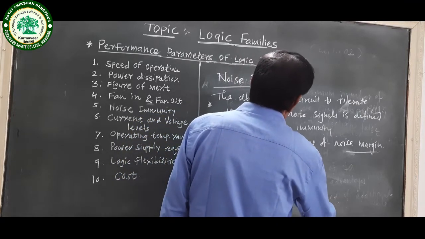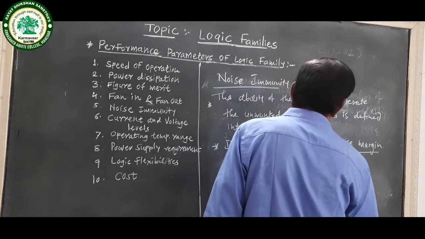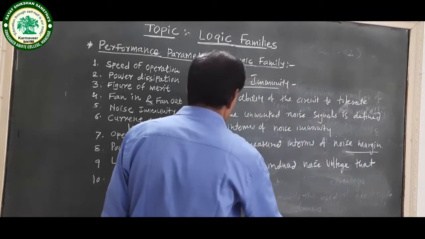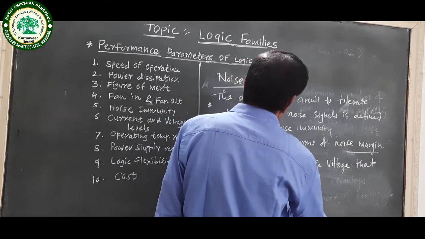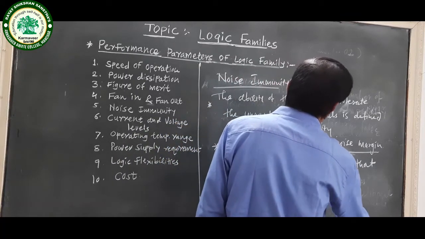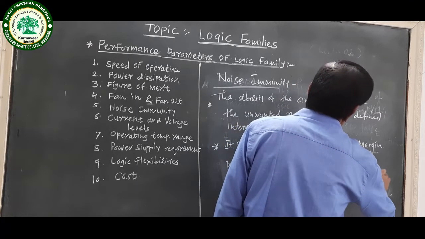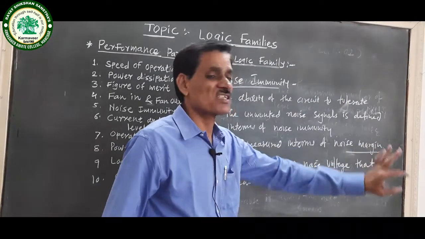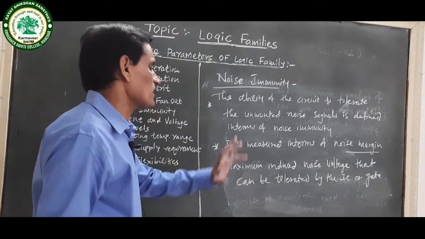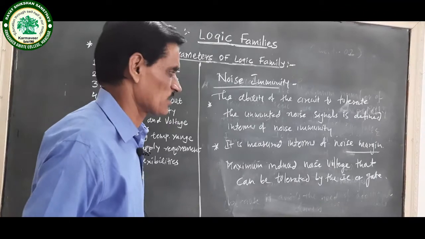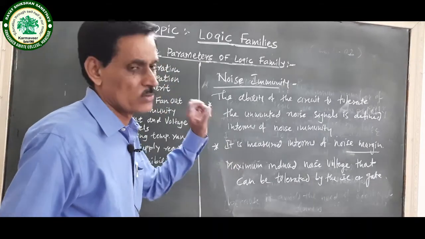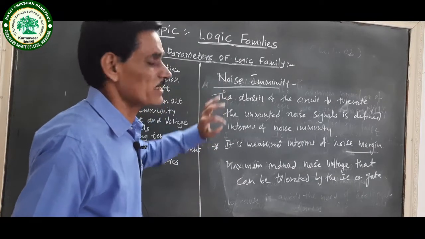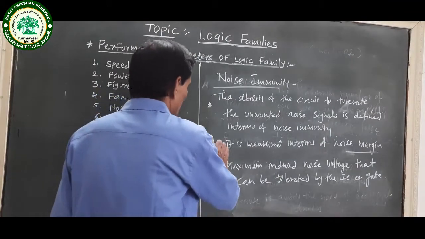This is known as noise margin. Actually, it is a voltage generated by the noise signals, and its maximum value that can be tolerated by the IC or gate is the noise immunity of the corresponding family.